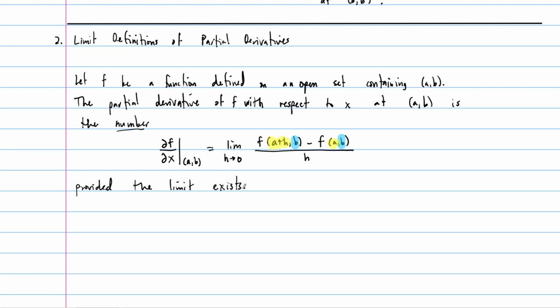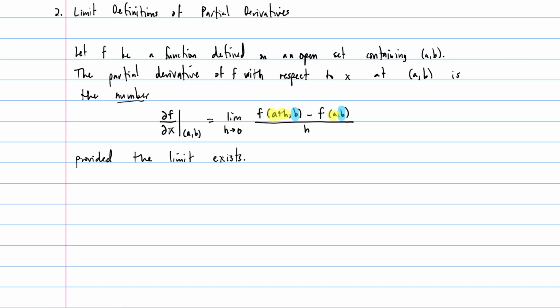All right, and so then we can probably guess how the y partial derivative is going to be defined, right? So I'll just write this one here as similarly, and you can fill in the details for the rest. Similarly, df by dy at this point (a, b) is equal to the limit as h approaches 0. This time, we're going to change the roles of the a and the b, the x and the y coordinates.